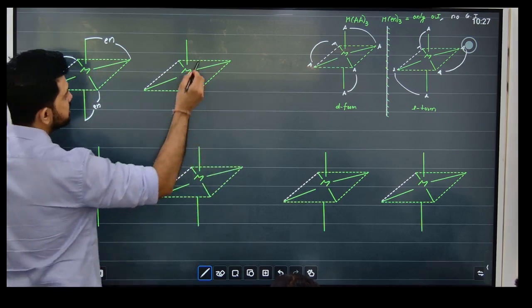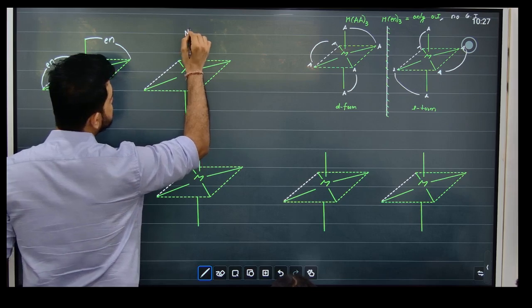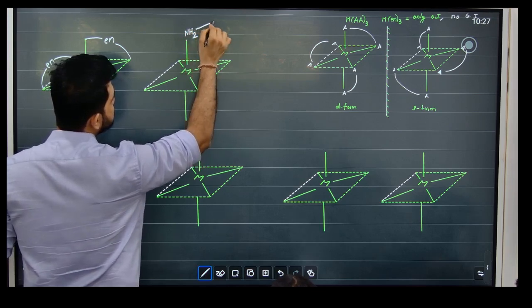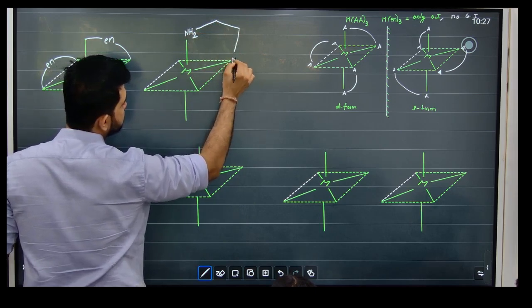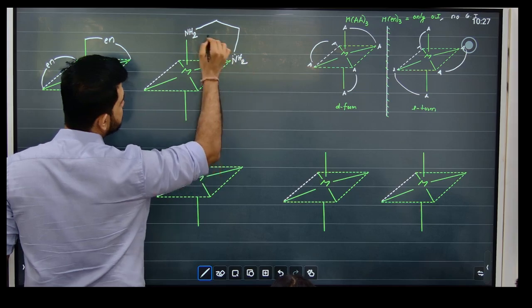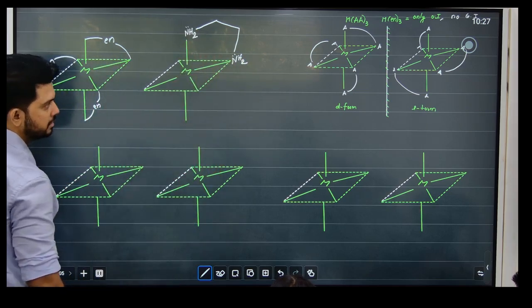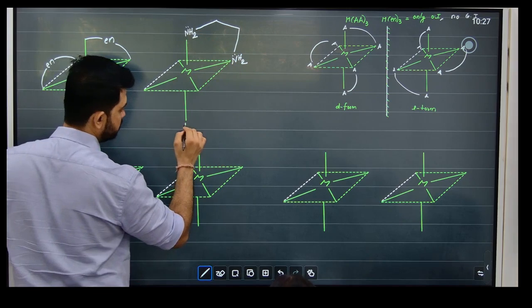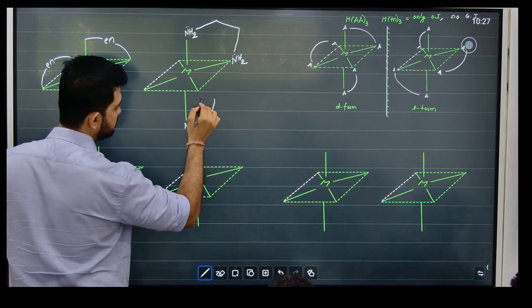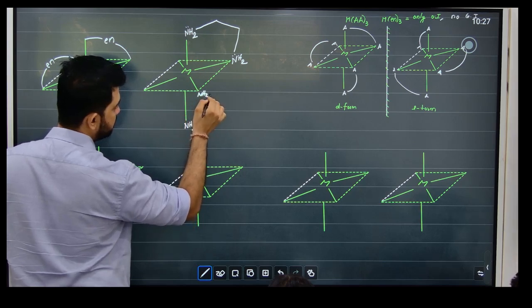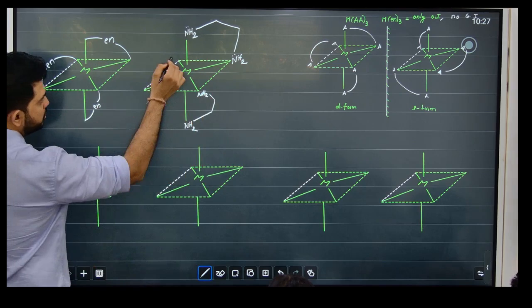Or you can show pura ethylene diamine. What that means is, what are the donor atoms? NH2, CH2, CH2, NH2. Getting that? Then NH2, CH2, CH2, and then you have one NH2.